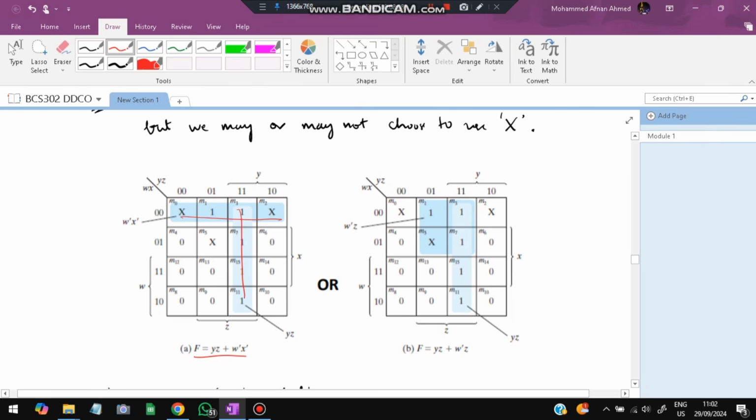So this is one of them, and in case we consider this x as 1, this will form a group, not considering these ones, and this one will be present here as usual. If we combine these two equations, we will get this equation. Both of them are valid equations, and this is how you use the don't care conditions for simplifying it further.